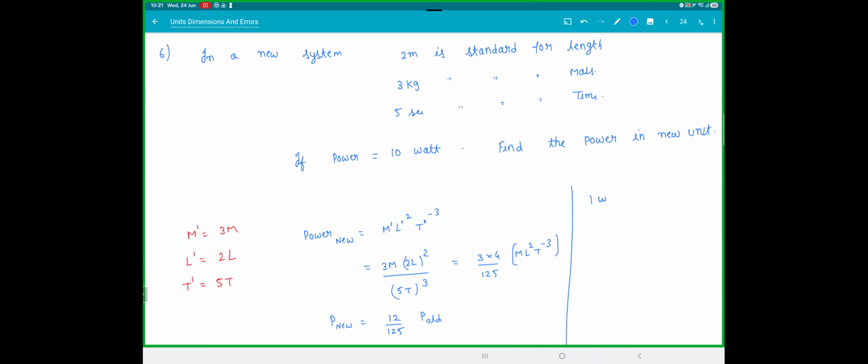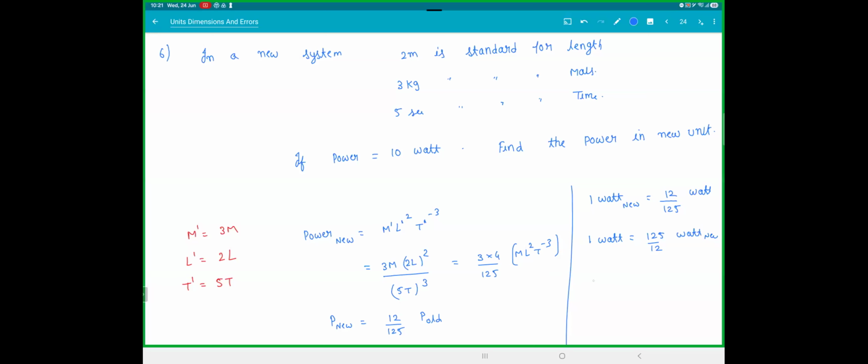That means 1 watt, the new unit, is 12 by 125 the old unit. That means 1 old unit is 125 by 12 of 1 new unit. Remember, this is a relation between units.